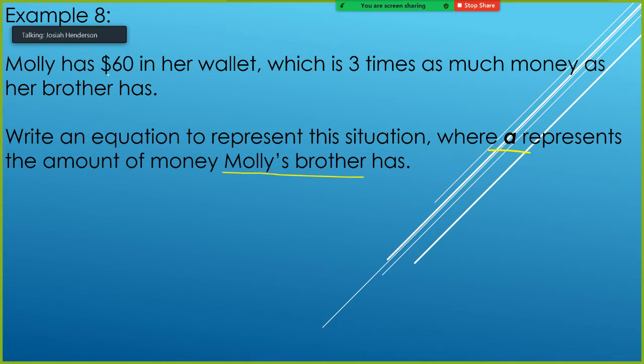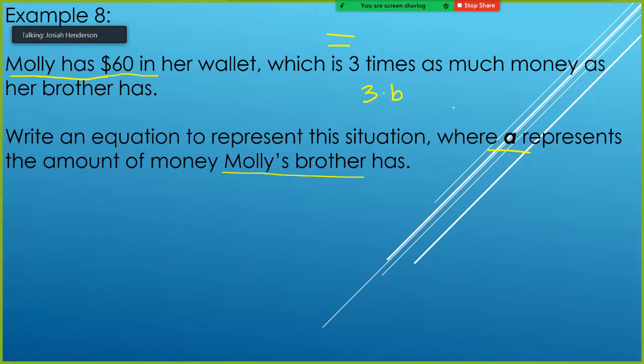Okay, Molly has $60. Is equals 3 times as much money as her brother. So 3 times as much money as brother. My first thought is to say 3b because 3 times brother.